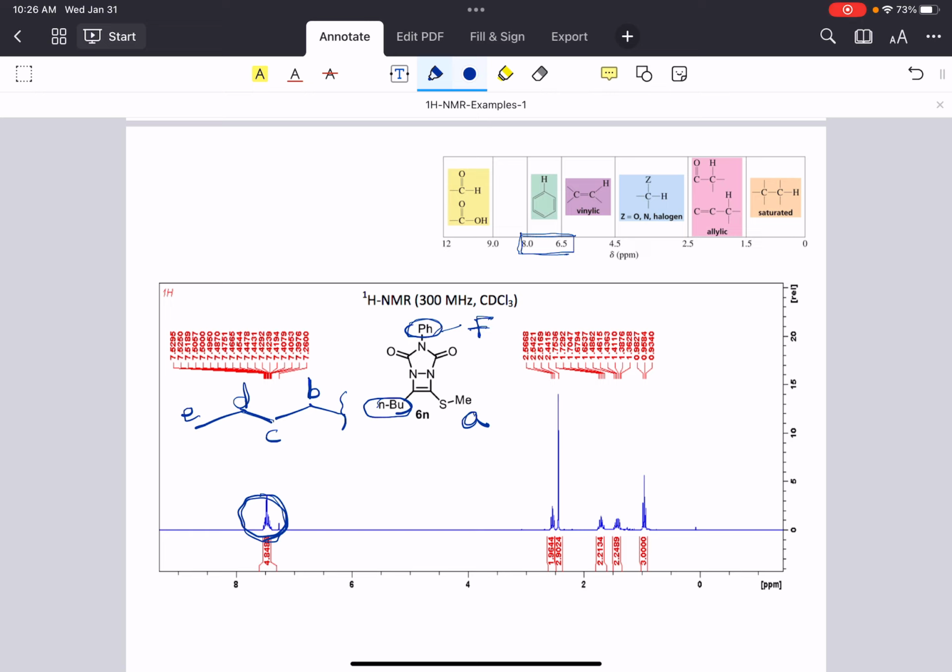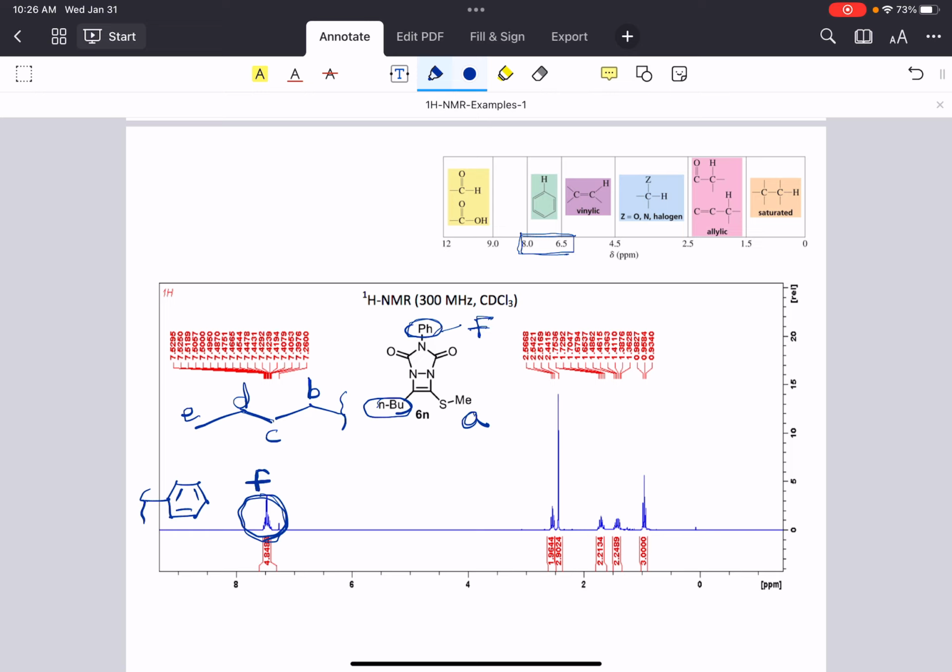Based on the integral, 4.84, so that's about 5. I'm seeing 5 protons in that region between 6.5 and 8. So that signal corresponds to all 5 of the hydrogens on that benzene ring, so I can nail that down as F. And that phenyl is going to be this, where all 5 of those hydrogens on that system are going to resonate at that same spot.